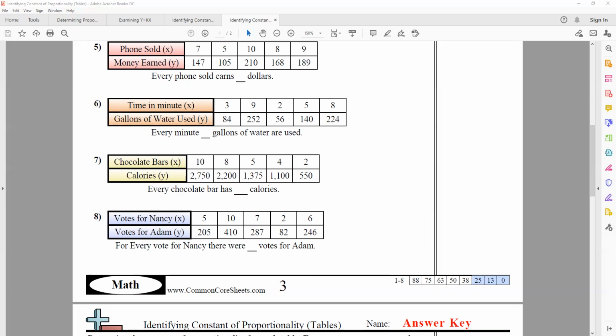Hold on. Let me look for proportion. Let me see. Let's see, hold on. Let me look at this again.